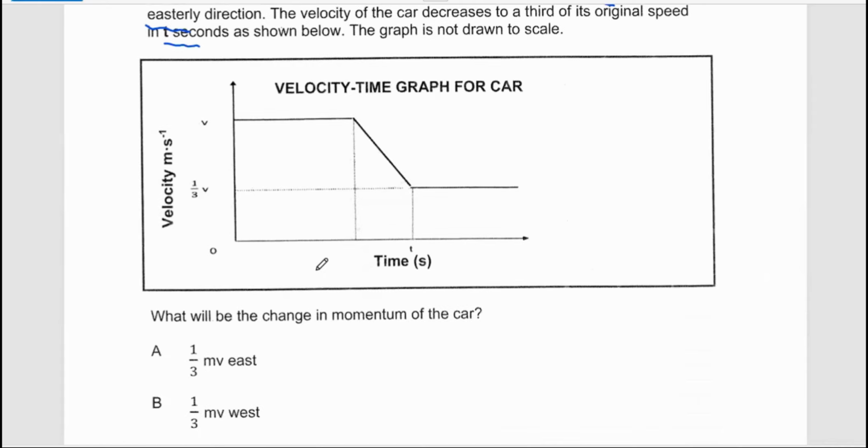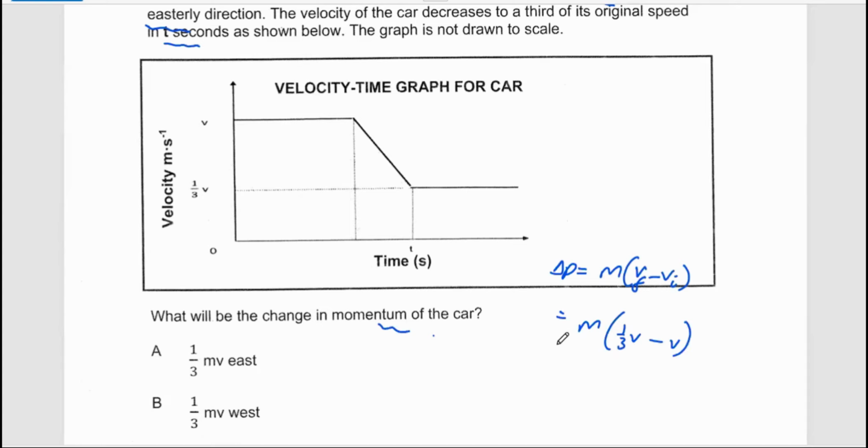And then the question is asking for the change in momentum of the car. And so one thing you know about the change in momentum is that it is mass multiplied by the v final minus the v initial. So our mass is m. Our v final is 1 over 3v, and then we are subtracting the v initial, which is just v.